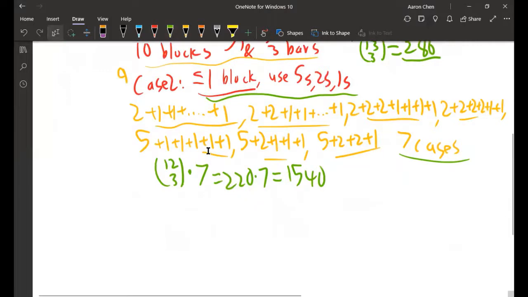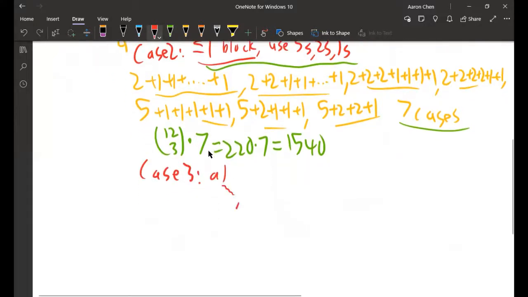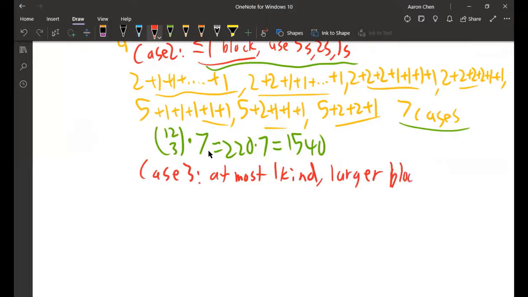And now there's one final case, case 3. In this case, there is also at most one kind allowed, except this time it's a larger block of 20.